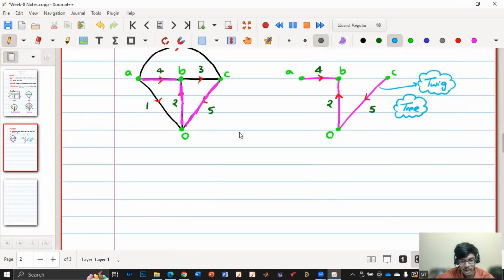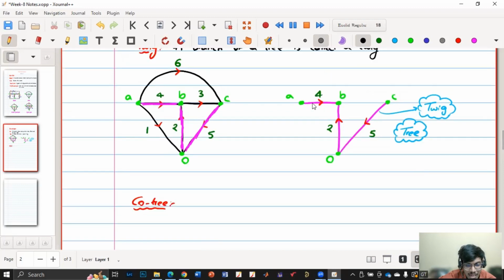So now what is a cotree? Cotree is the leftover branches. So here in the tree we have utilized 4, 2, 5, right? Now 1, 3, 6, the connection of 1, 3, 6 is called the cotree.